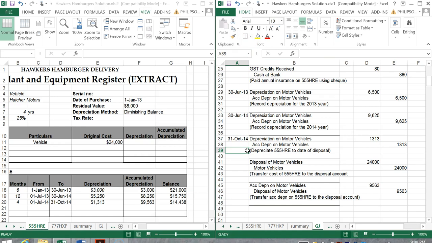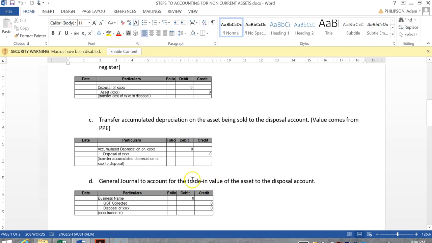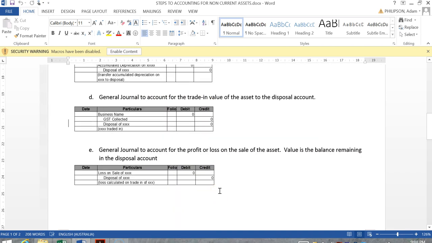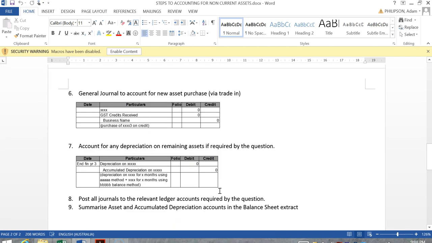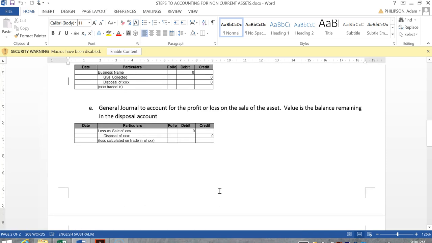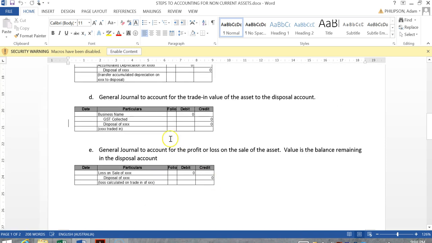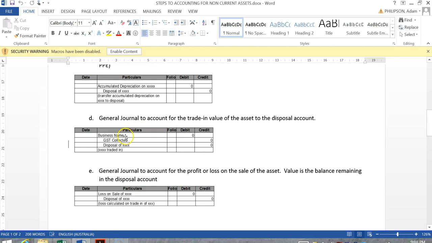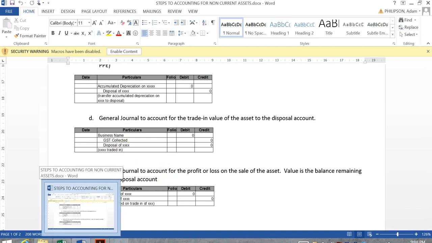Okay, and so we've done this one here. General journal to account for the trade-in value. Well, we're not getting a trade-in on this one here. We're receiving cash. So it's going to be debit cash at bank, credit GST collected, credit disposal of the motor vehicle. Okay, so no trade-in on this one.